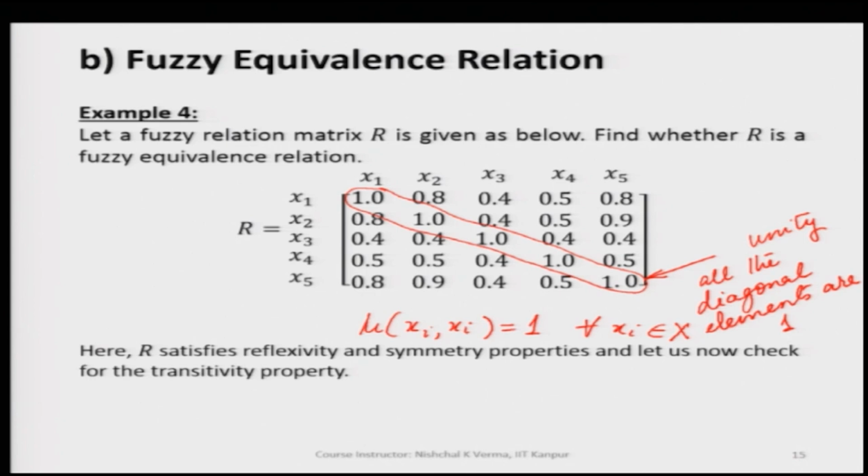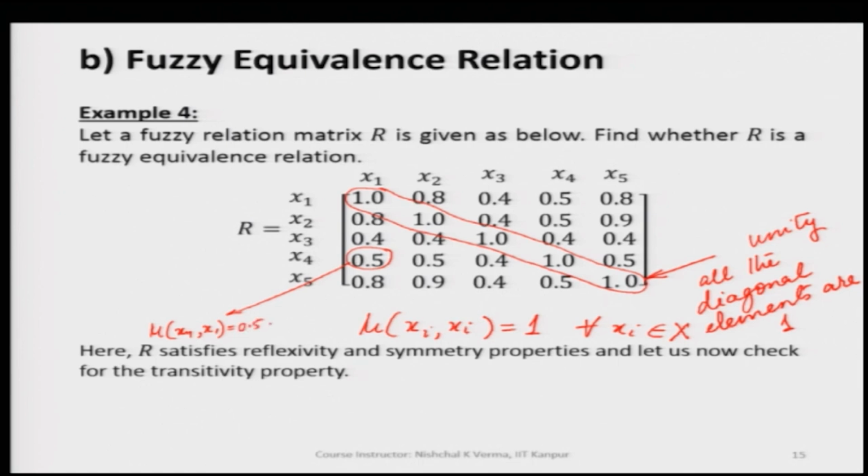Now, let us check for the symmetry property. If we take up this element, what is this element? This element is mu of x4, x1, and this is 0.5.